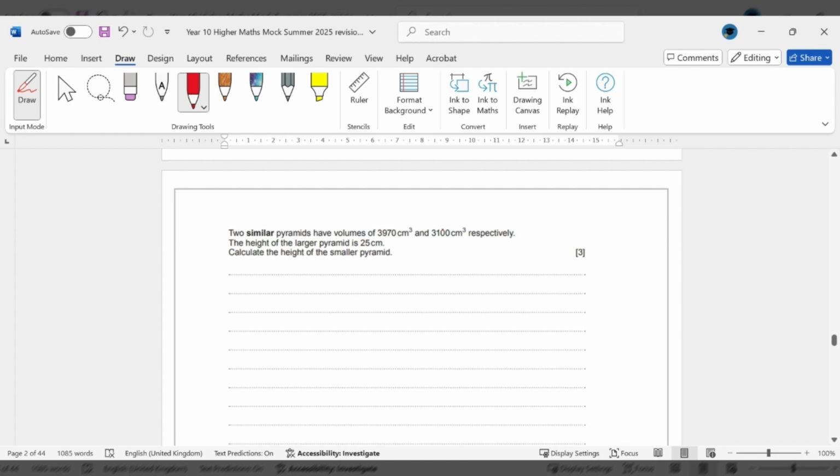I talked about volume scale factor there, and an example of that would be, no, these are areas as well, so this would be the same sort of thing. But no need. There we are. Two similar pyramids with volumes. So in this one, because I'm dividing volumes, big one divided by little one, and getting an answer for that. Quite a few decimal places. Then my length scale factor, I need to cube root that answer, not square it.